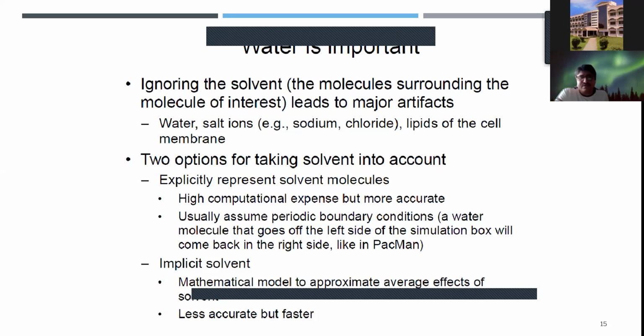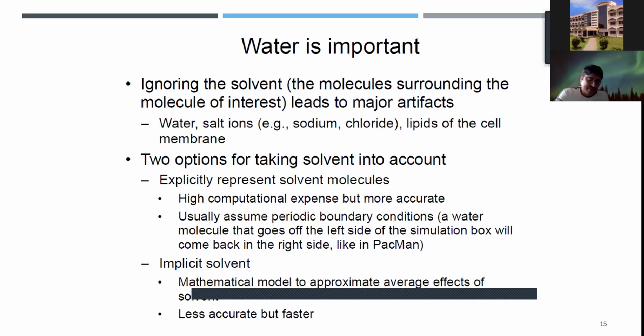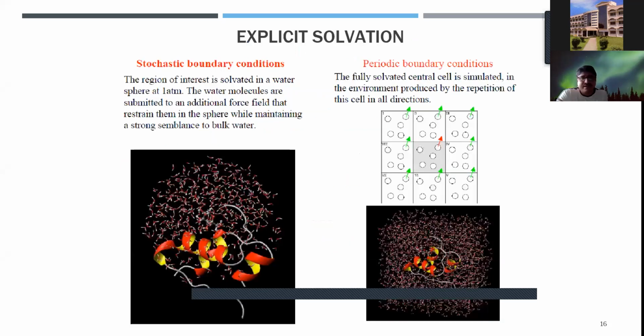So we are not putting in water, but we are using mathematical models to calculate the forces exerted between the protein and ligands. The explicit solvation models are again defined in terms of SBC or PBC.